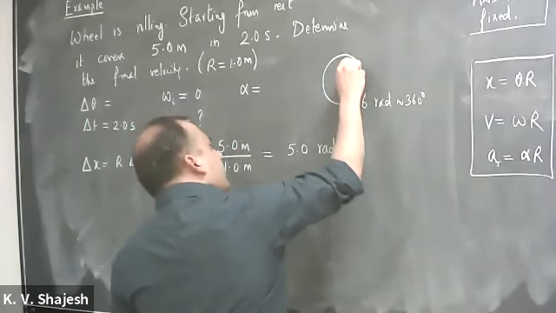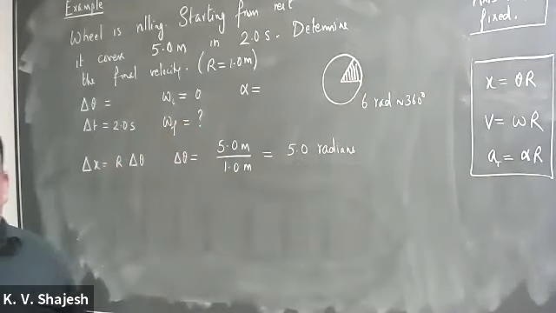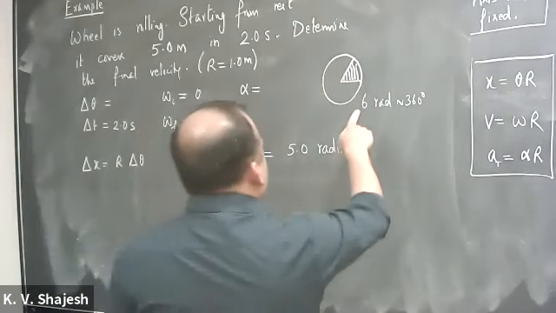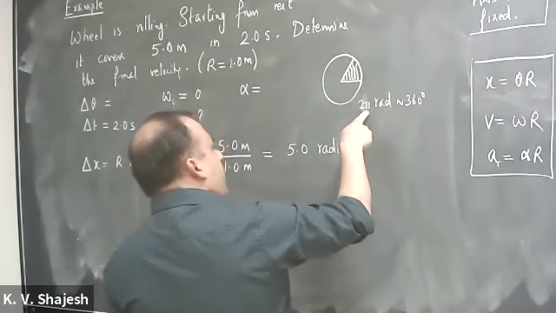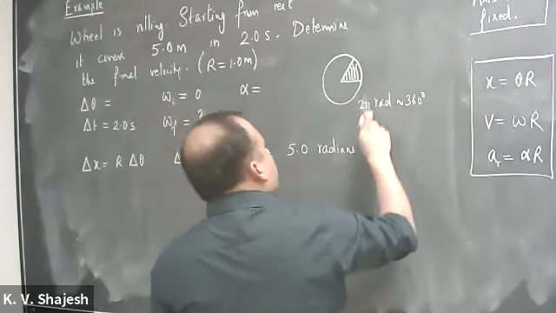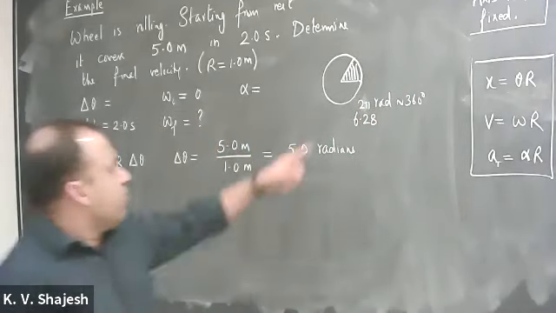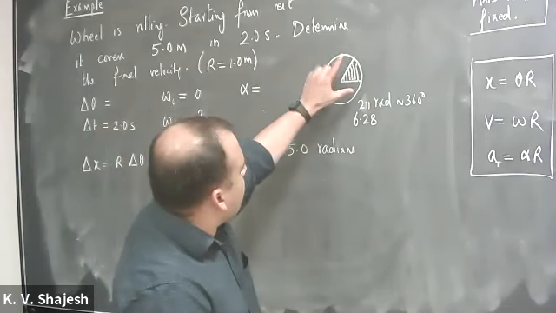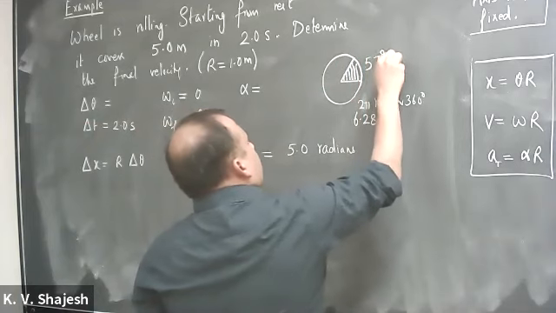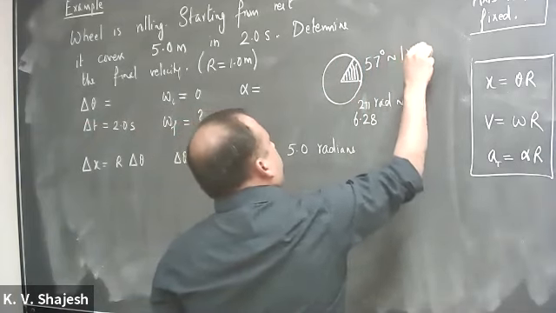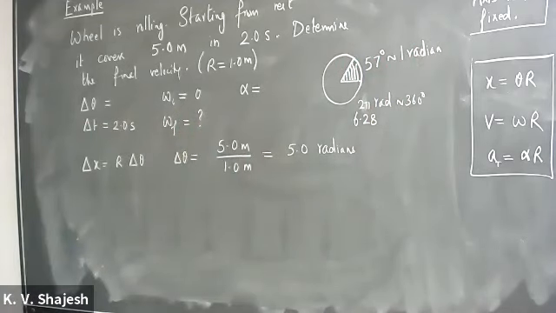This angle is your 1 radian. 2 pi radians is 360 degrees, and pi is 3.14, so 6.28 radians is 360 degrees. Divide 360 by about 6 and you get about 57 degrees. So 57 degrees is approximately 1 radian. Just to have an insight, that's always useful.